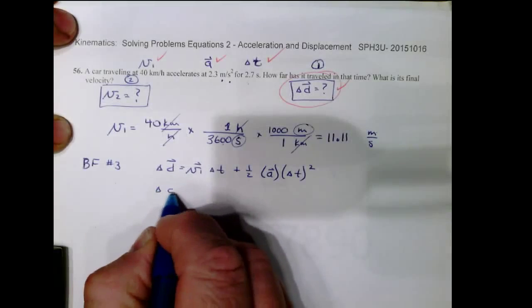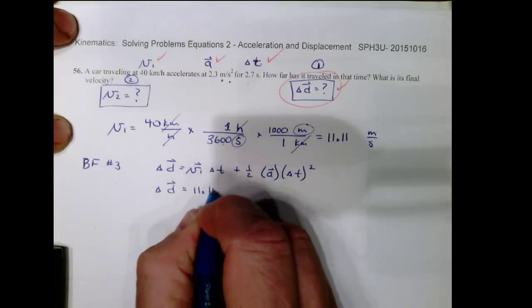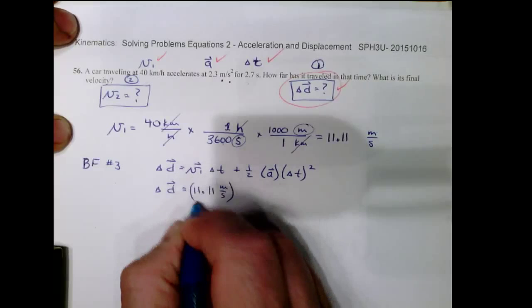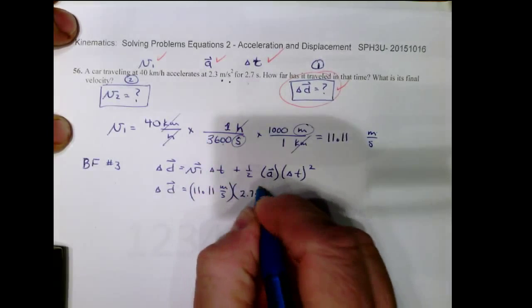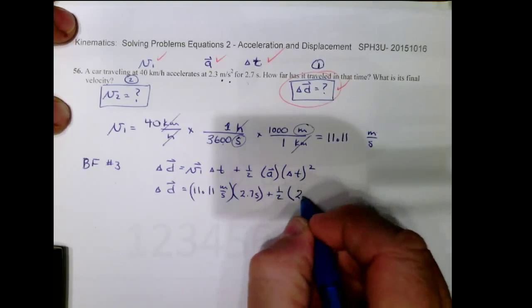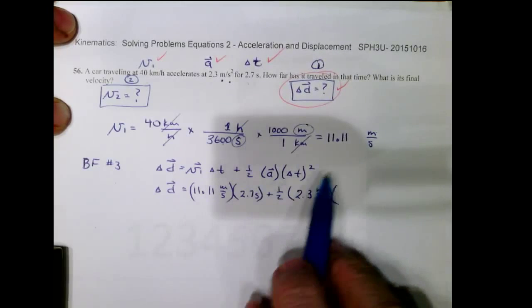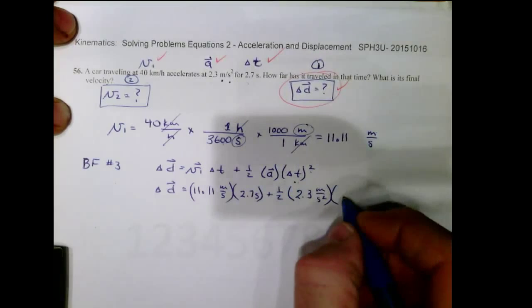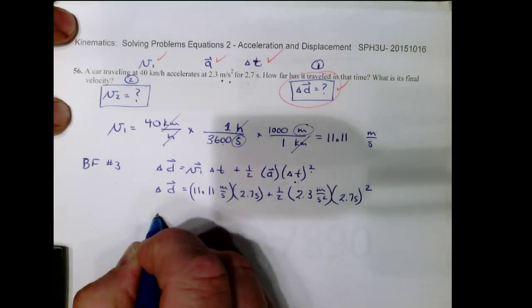So delta d equals V initial, 11.11 meters per second, times the delta t of 2.7 seconds, plus 1/2 times the acceleration, 2.3 meters per second squared, times the time duration squared, so 2.7 seconds squared.